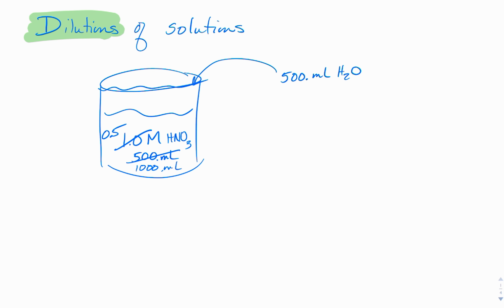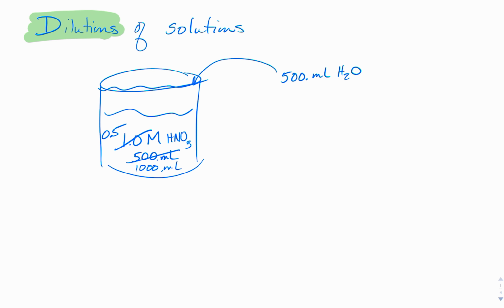C1 is 0.3556 molar. V1 is 0.1718 liters. Our C2 is 0.1222 molar, and our V2 is unknown.